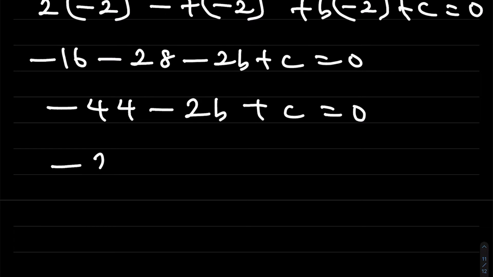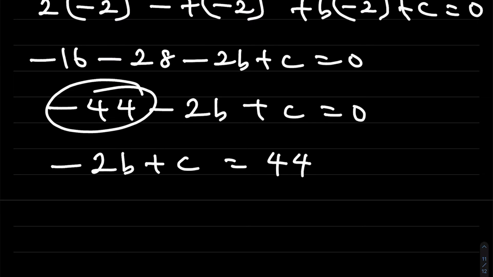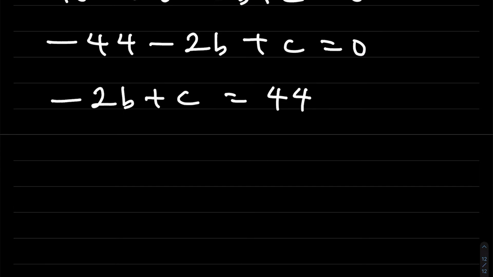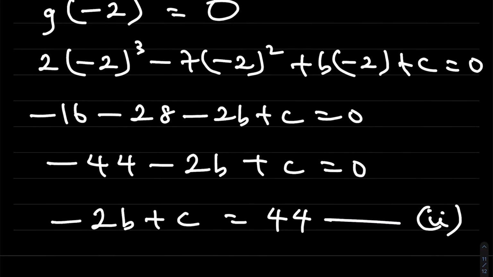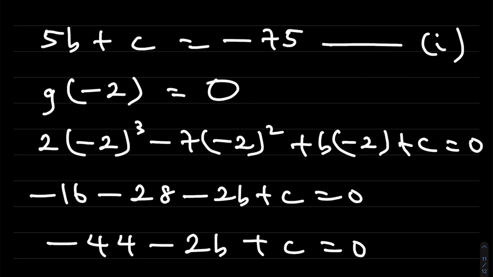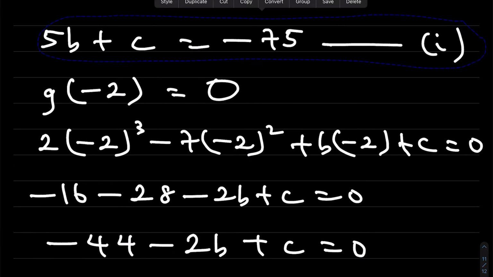Which means minus 2b plus c equals plus 44. When minus 44 goes to the right hand side, it becomes plus 44. And this can be our second equation. Now we solve the two equations simultaneously. The first one is 5b plus c equals minus 75.